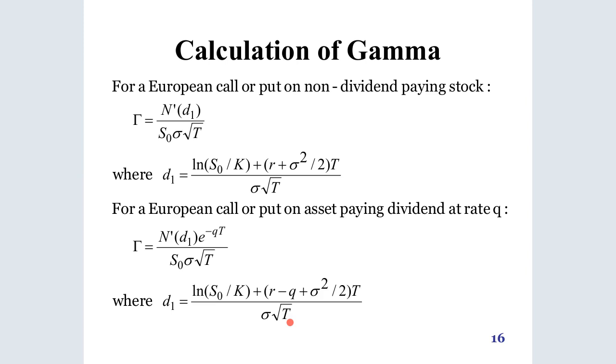Remember, if capital N of d1 is the cumulative normal distribution function, N prime is the probability density function, so N prime of d1 is effectively the density computed at the point d1. If the asset pays a dividend at rate q, there will be an e to the power minus qT multiplier, and d1 will also have r minus q. That is the adjustment that happens.